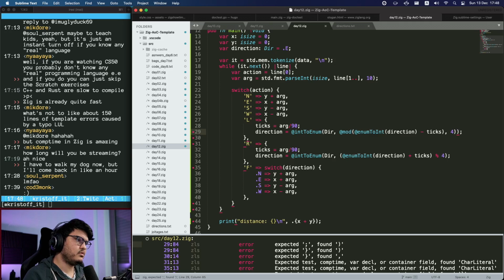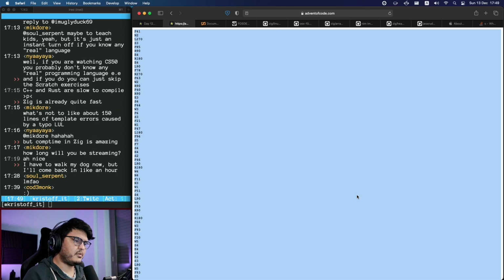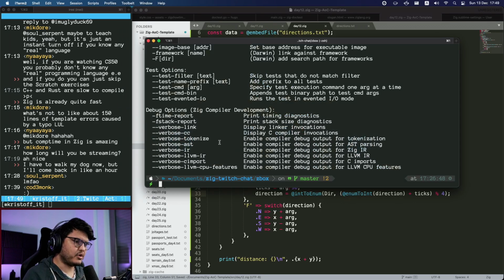Oops. Wait, something doesn't match. Oh, that's it. Okay. It's probably not going to compile. I think I need to do mod also below, but let's see.